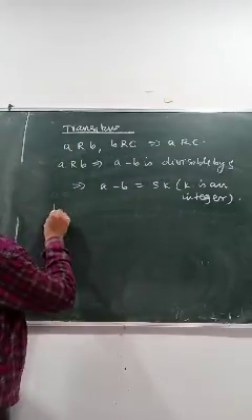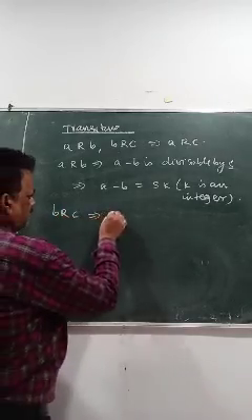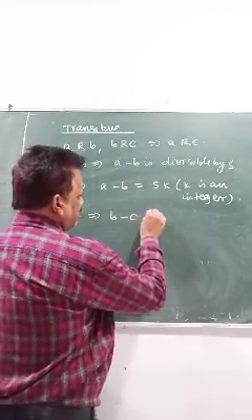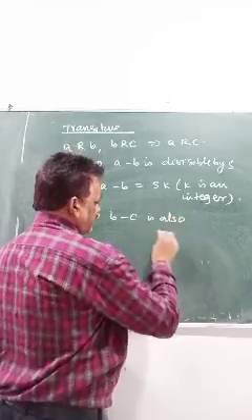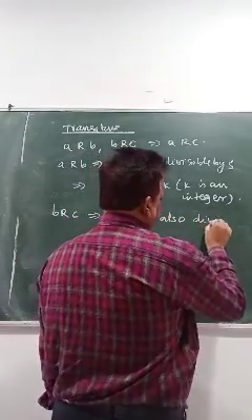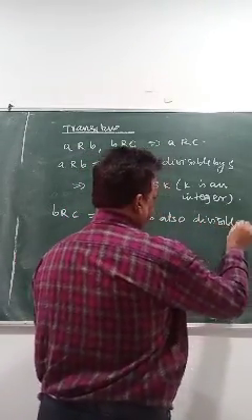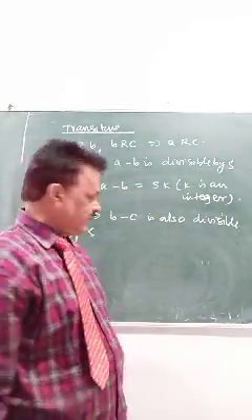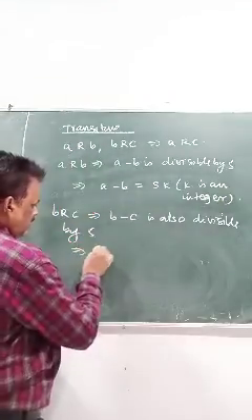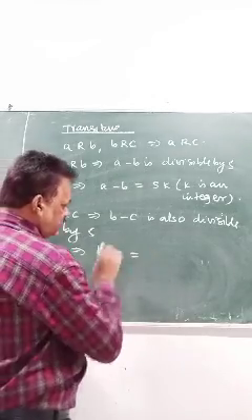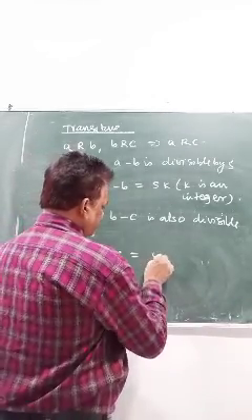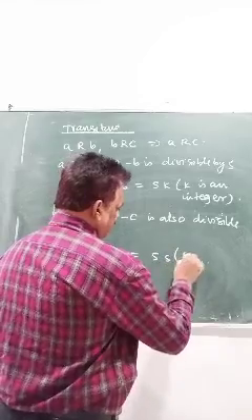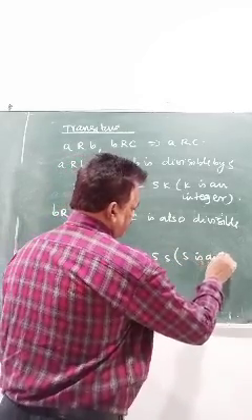Okay, B relates C implies B minus C is also divisible by 5, implies B minus C equals 5s, s is an integer.